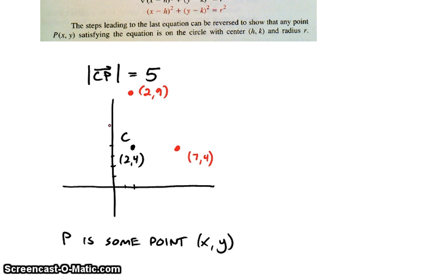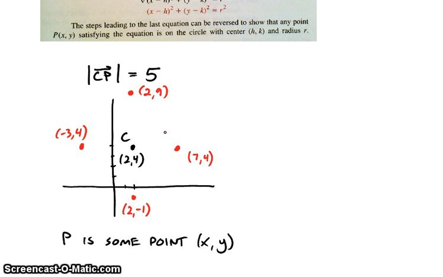I could have gone to the left. That would have taken me to (-3, 4). All these points P satisfy the vector equation. And they are not the only points that satisfy the equation. These are just the easiest to find. These are the points north, south, east, and west of the center point.